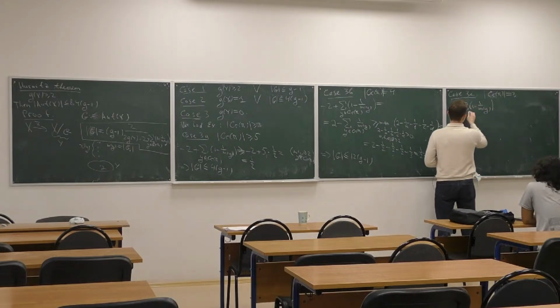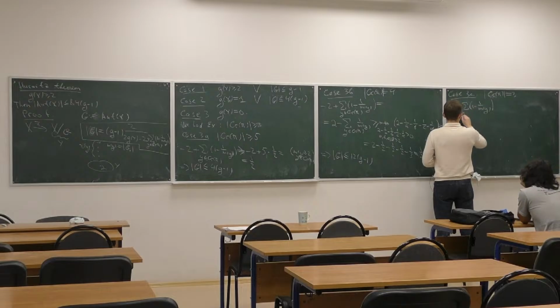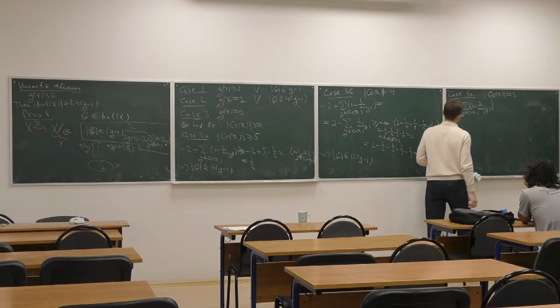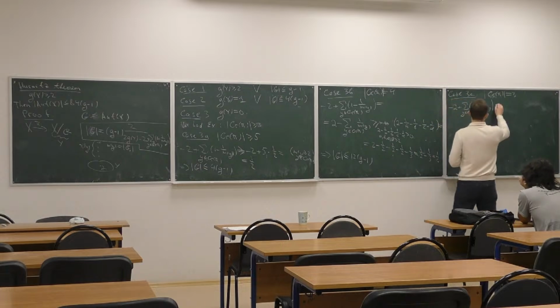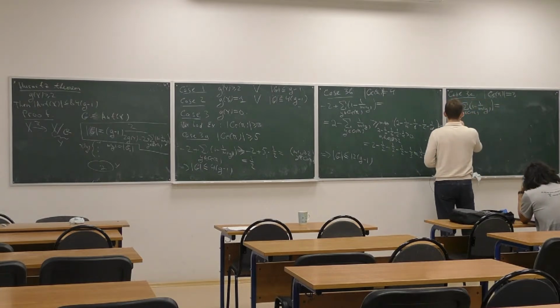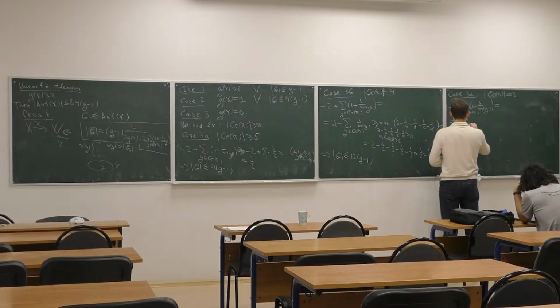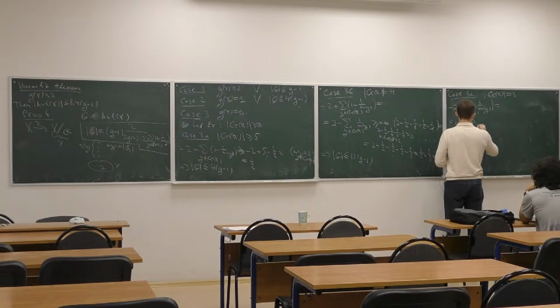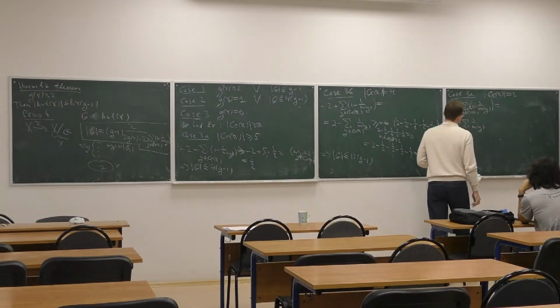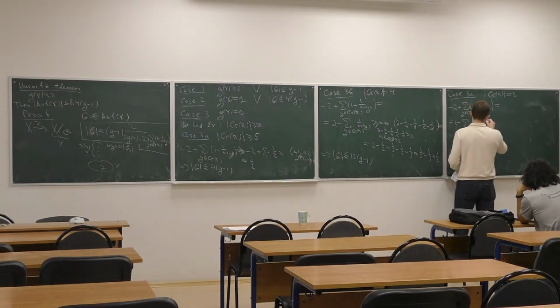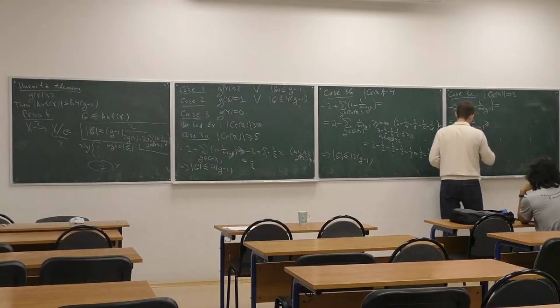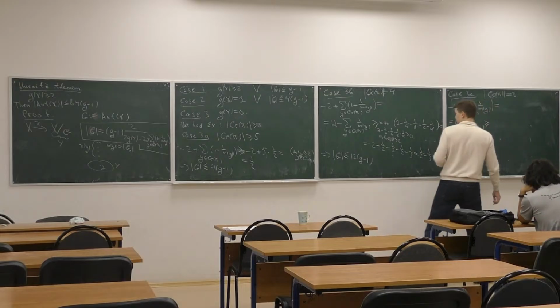So you have here 3 summands. And then you get 1 minus the sum of 1 over m of y. And again, you want to find the minimum.